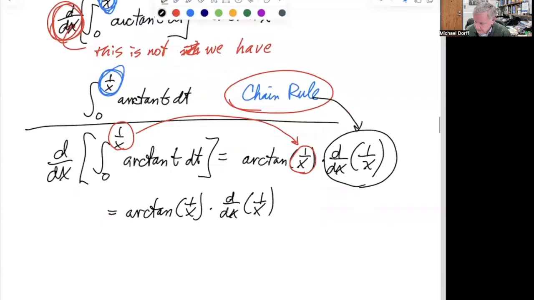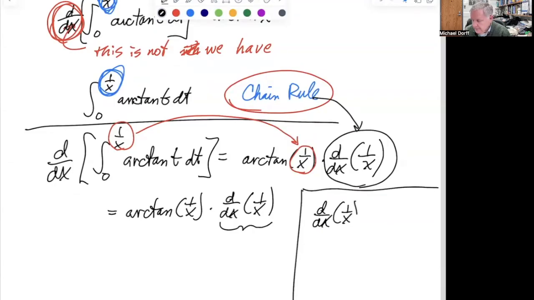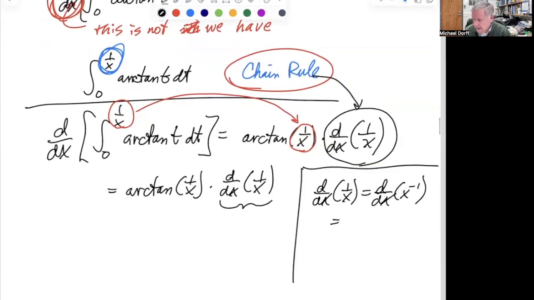And what is the derivative of 1 over x? Let's do that off to the side. Some of you have this memorized, but just to show all the details, I write 1 over x as x to the negative 1. I use the power rule: I get negative 1 times x, and then I reduce the exponent by 1.